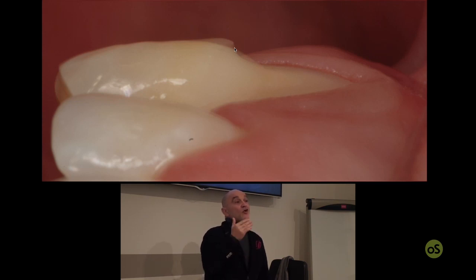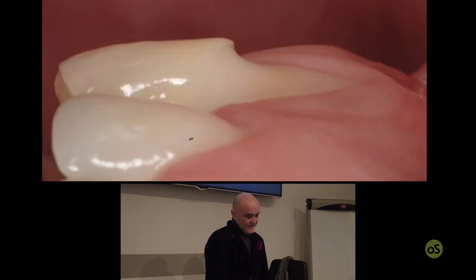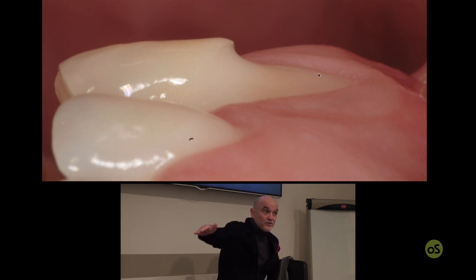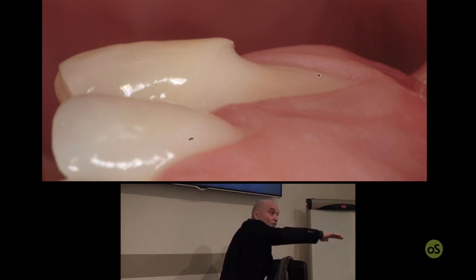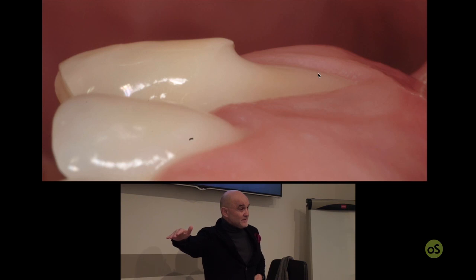This cannot be restored only with composite restoration, but also with enamel plastic. Because if I want to give the enamel the natural emergence profile, keeping this amount of enamel abrasion defect, obviously I have to go very, very apical in order to give the uniform convexity. Do you understand what I mean?